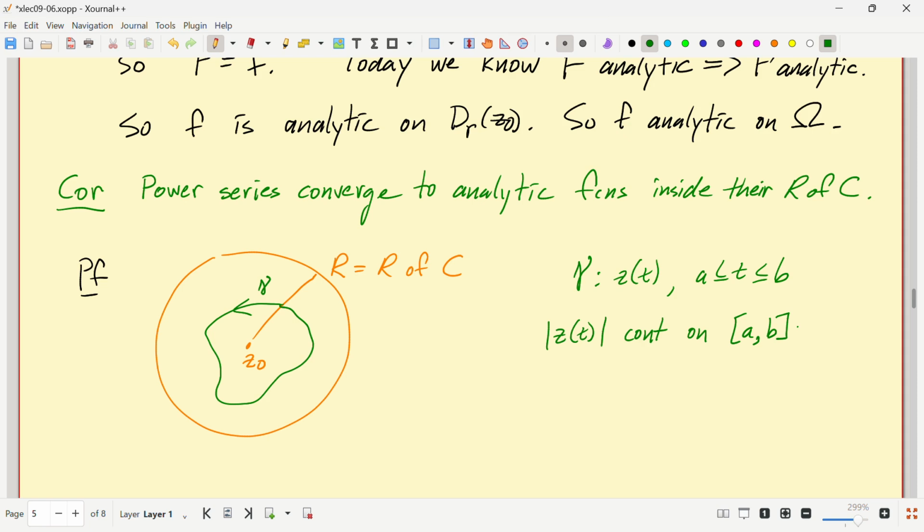So it has a max. Let's call that max little r. And of course that little r is strictly less than capital R. So in the picture here, here's the max it looks like. And that whole curve would be inside there.